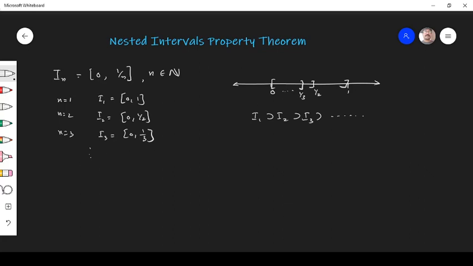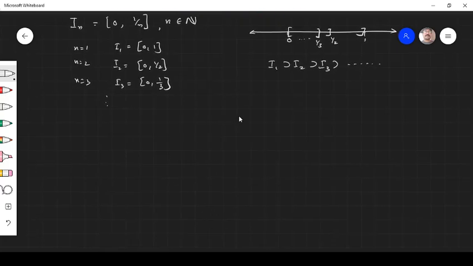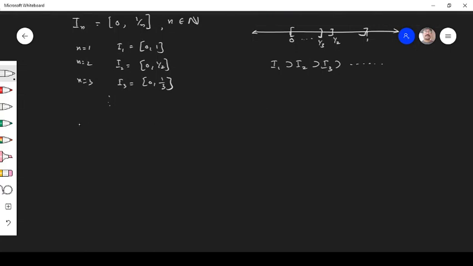Let us take another example. Let J_n equal to the closed interval [-1/n, 1/n]. Here also we are taking a closed interval. We can take an open interval also, n in ℕ. Let us see what these intervals are.